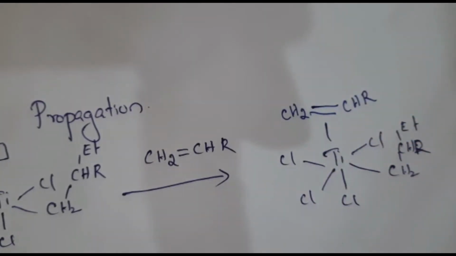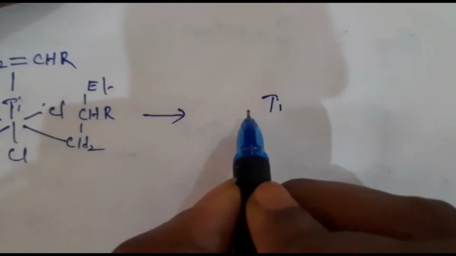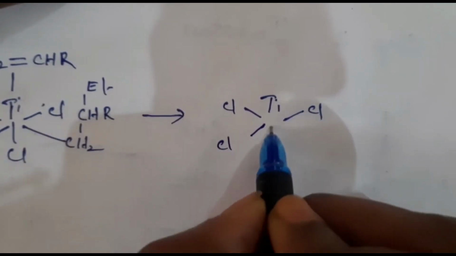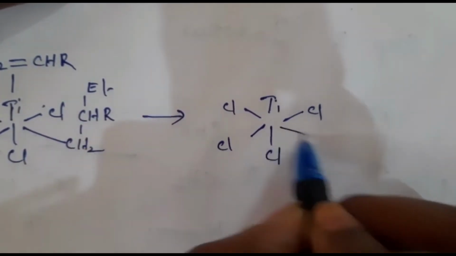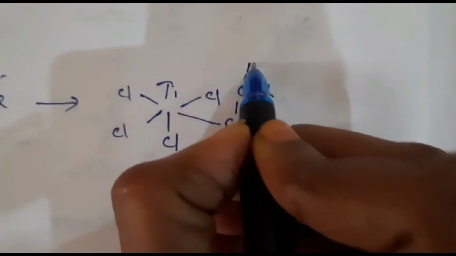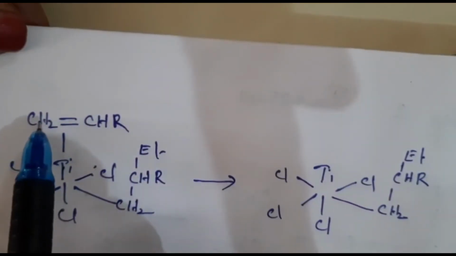That will be attached towards this titanium vacant space and a pi complex will be formed. This pi complex is not stable, so it will be inserted towards this titanium atom and form an intermediate state. So we can write it as titanium, Cl, Cl, Cl, Cl, then CH2, CHR, ET, then this CH2 double bond here.